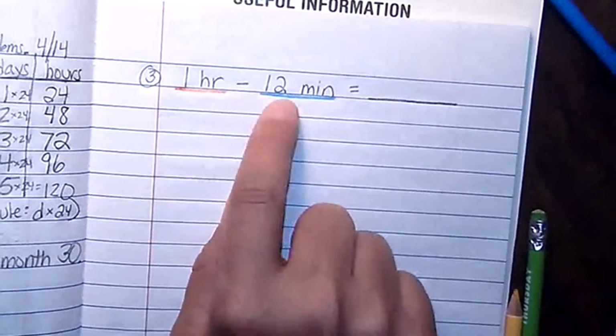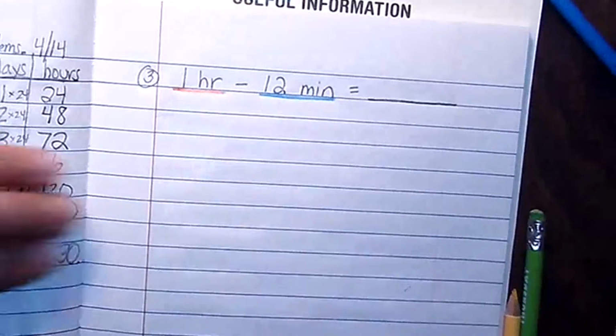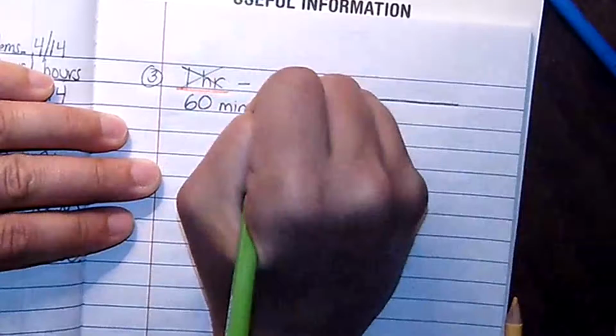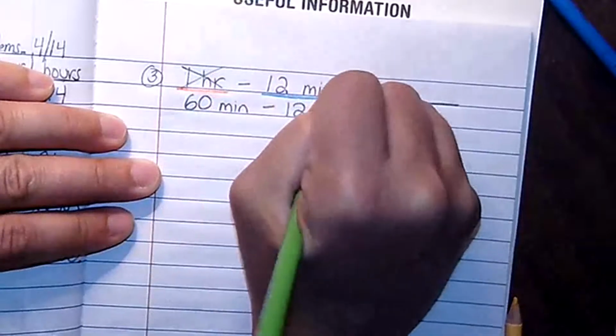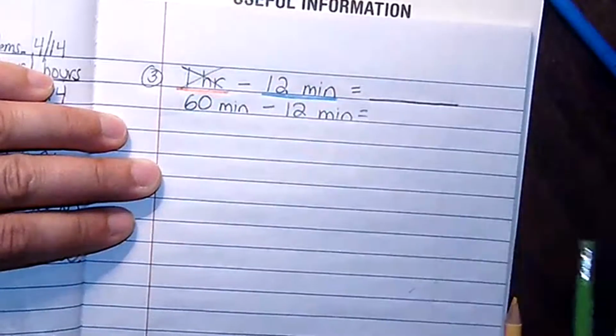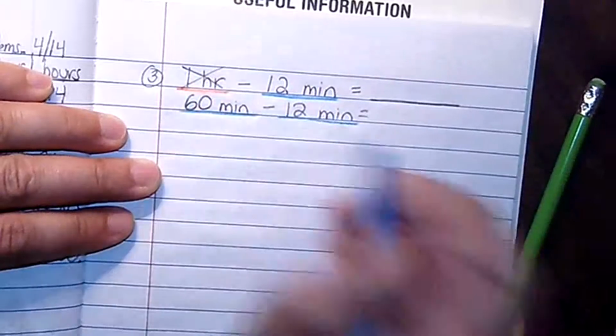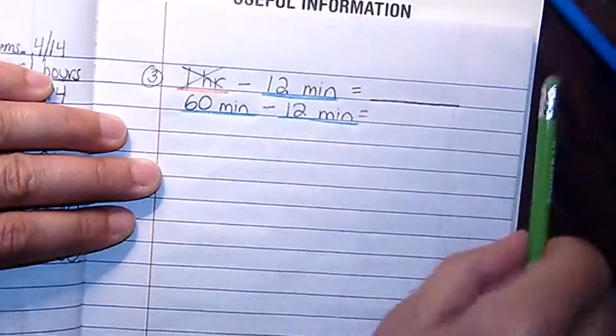Hours and minutes. I want to take 12 minutes away, but I can't do it from 1 hour. Let's rename this. 1 hour is the same as 60 minutes. Can I do 60 minutes minus 12 minutes? Yeah, I sure can. 60 minutes minus 12 minutes.